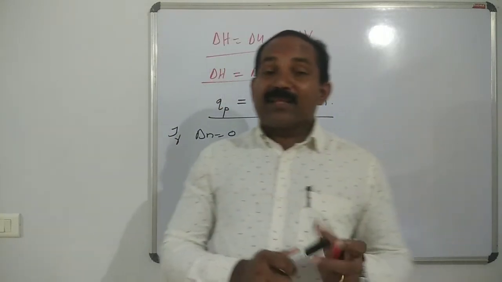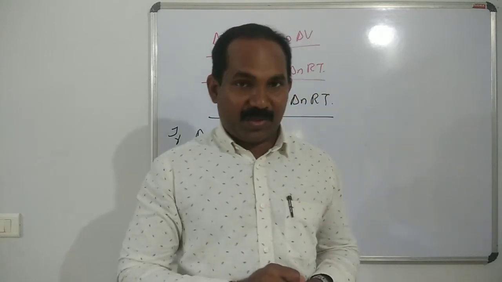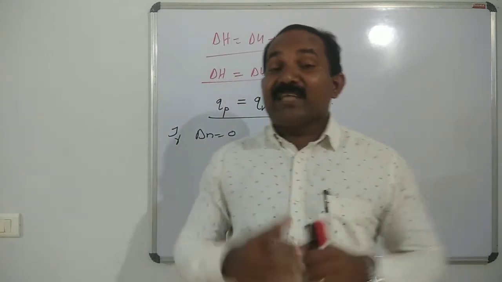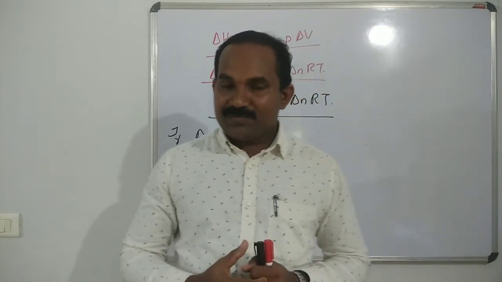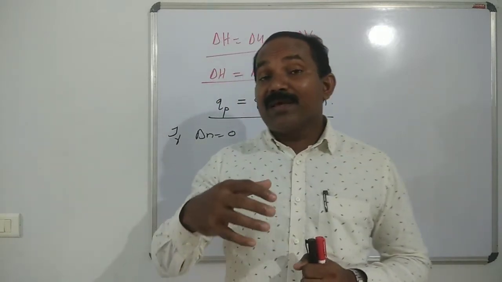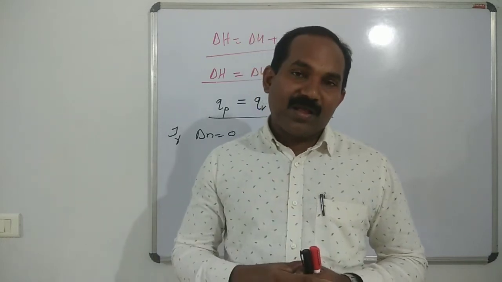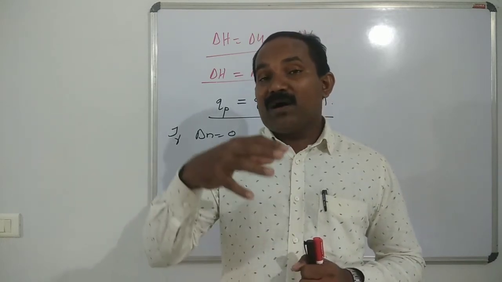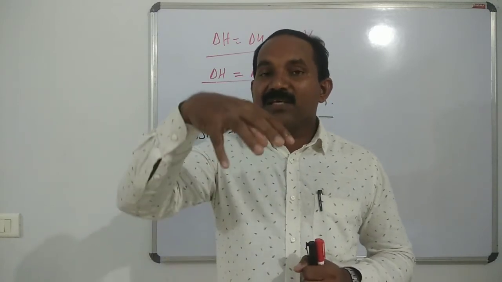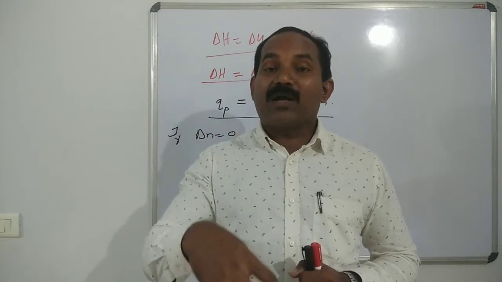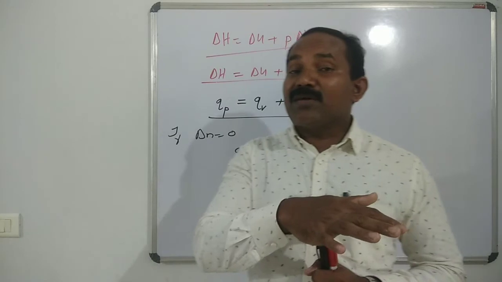Then another topic is the measurement of delta H, the change in enthalpy. The change in enthalpy is determined by using an ordinary calorimeter. The substance is taken in a calorimeter and this is immersed in water.